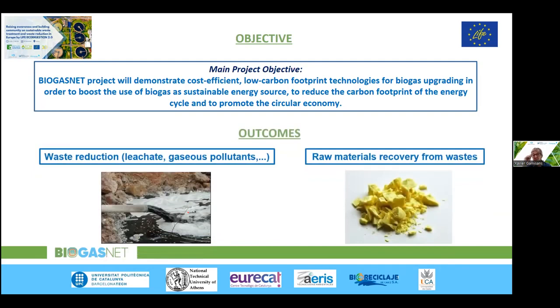For this talk today, I think that the most important outcomes of the project are a waste reduction, more precisely the reduction of leachate produced in a landfill, and the raw materials recovery from wastes, more precisely the recovery of elemental sulfur from this H2S.